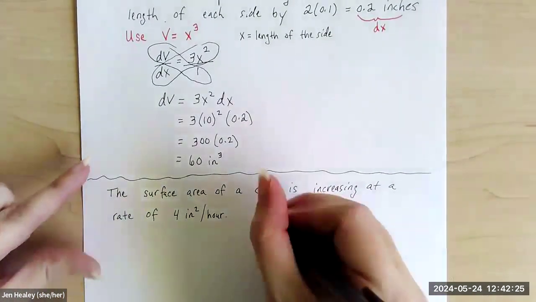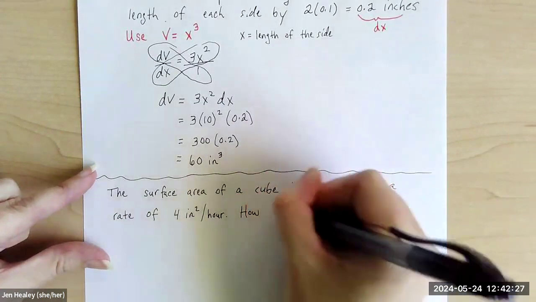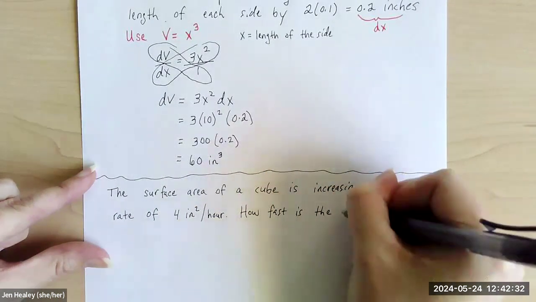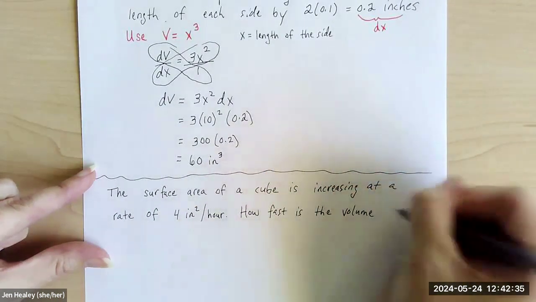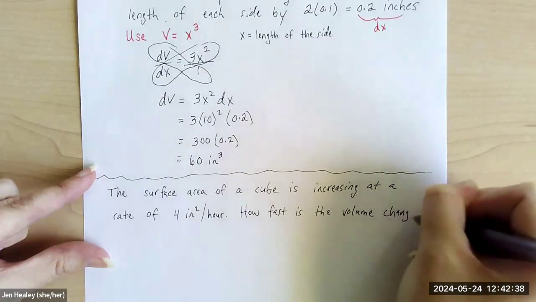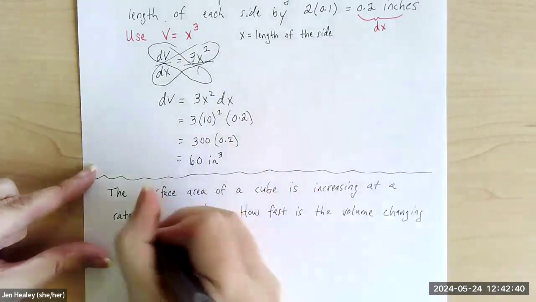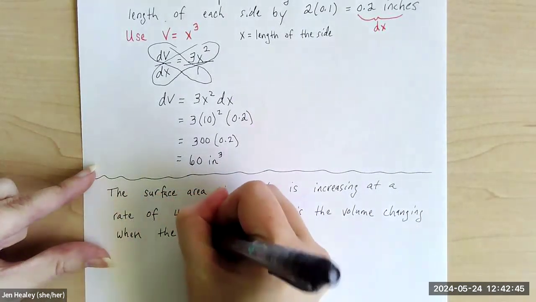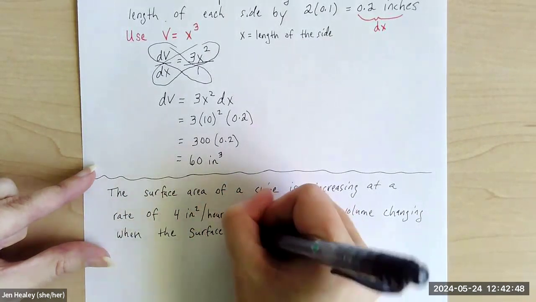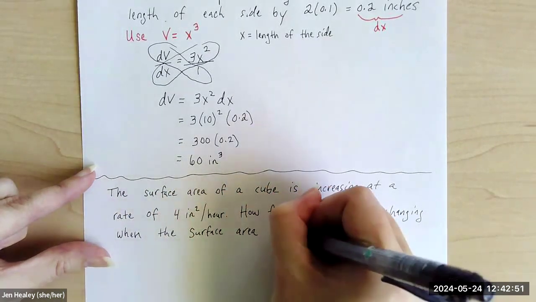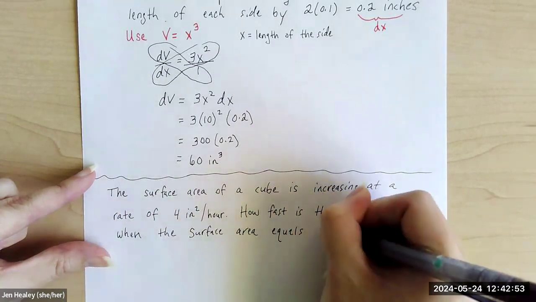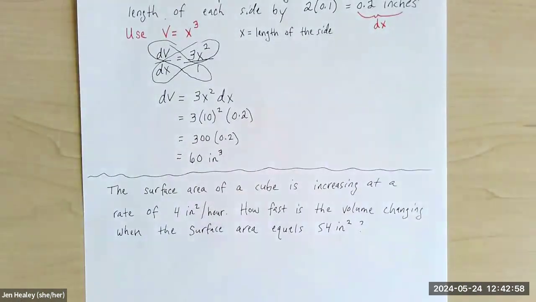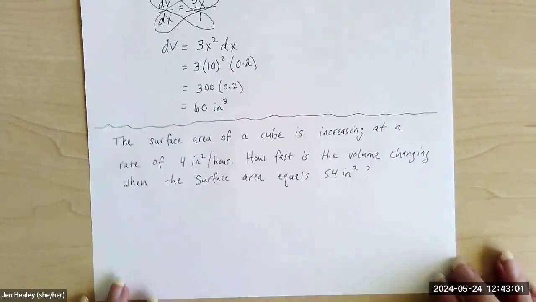How fast is the volume changing? dV/dt, when the surface area equals 54 square inches. dV/dt equals 4 inches squared.